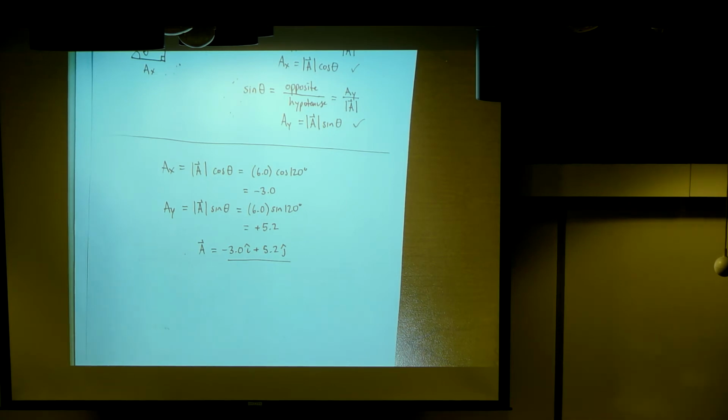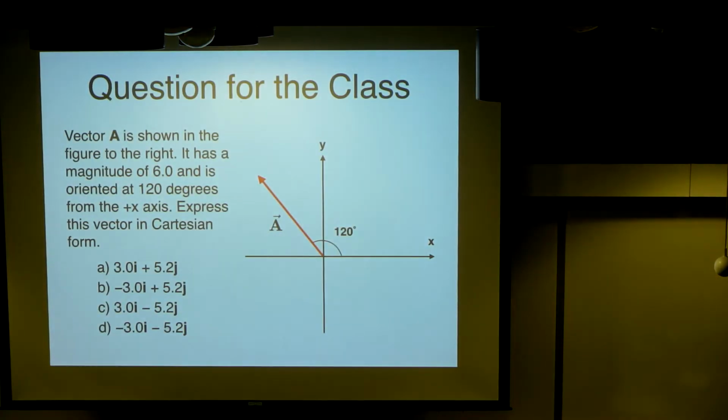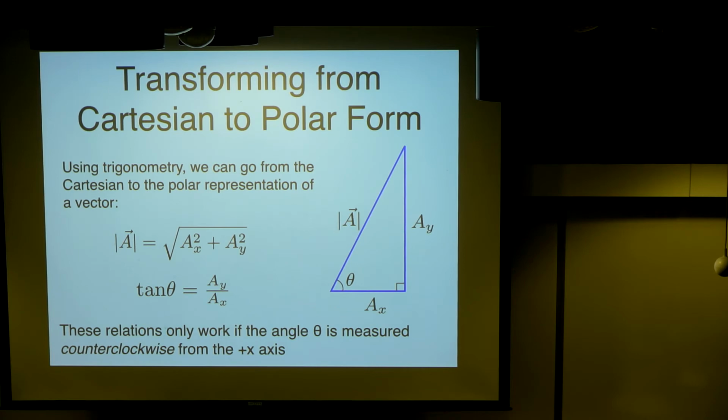All right, so hopefully that's pretty straightforward so far. So to keep it moving, you can probably guess what the next thing we're going to talk about is. If we know how to go from polar form to Cartesian form, we should also know how to go the other way, right?